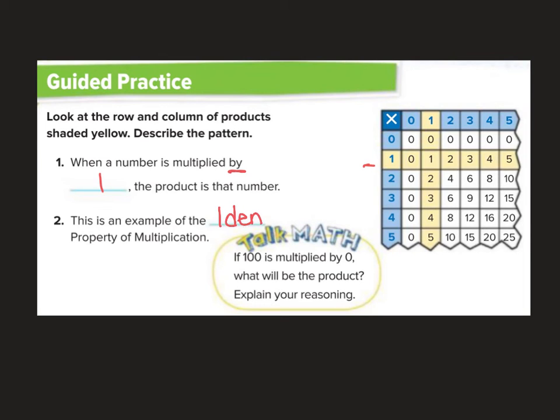It is itself, right? Any number times 1 is itself. So we can notice here, 1 times 1 is 1. 2 times 1 is 2. 3 times 1 is 3. It's itself. Okay, that would be that identity property. And then remember, anything times 0, our zero property tells us that it's going to be 0.